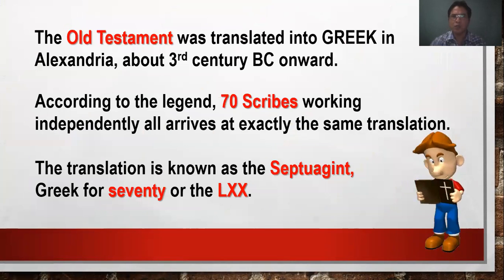The Old Testament was translated into Greek in Alexandria about the 3rd century BC. According to legend, 70 scribes working together independently all arrived at exactly the same translation.